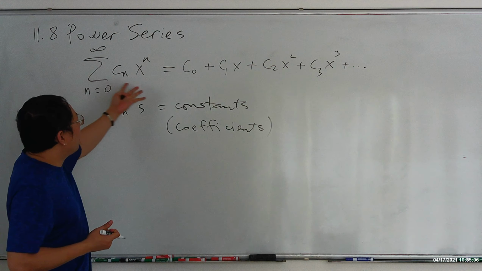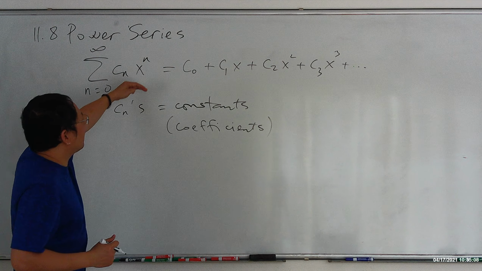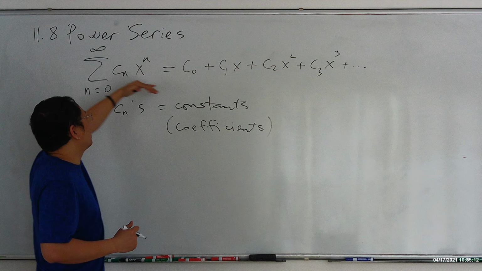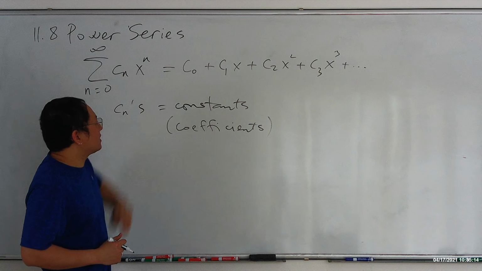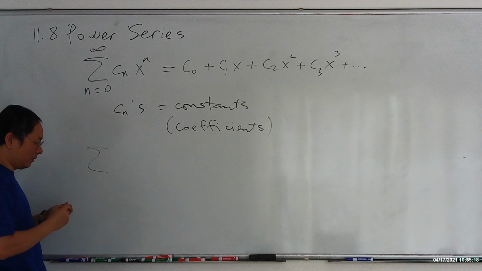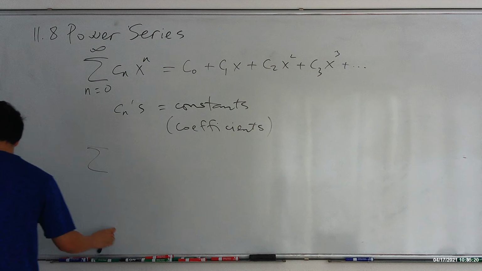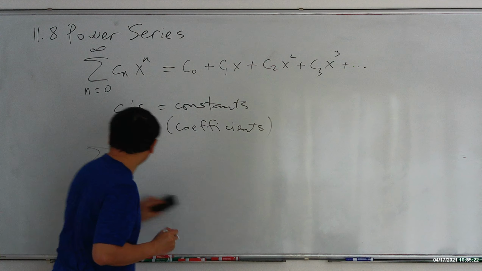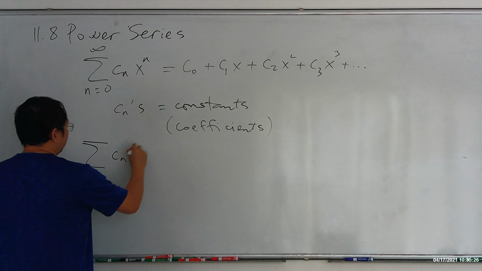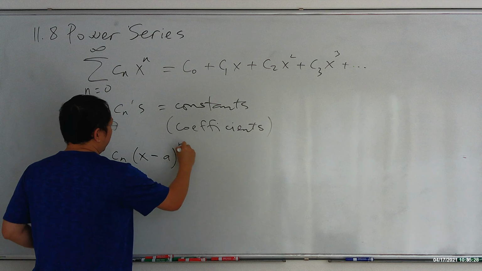Then we can find a more general definition of this one. This one is a polynomial of degree infinity, called a power series centered at 0. Then we're going to define a power series this way, a little bit more general: the sum of Cn times (x minus a) to the n.